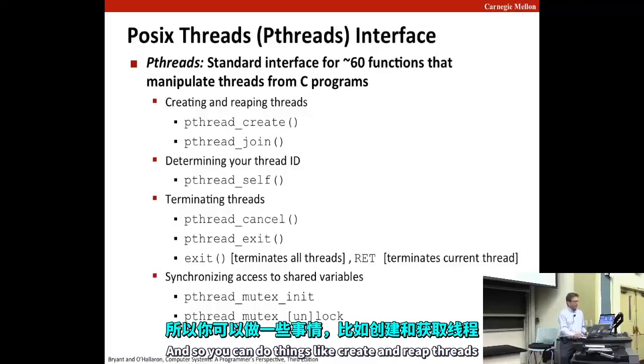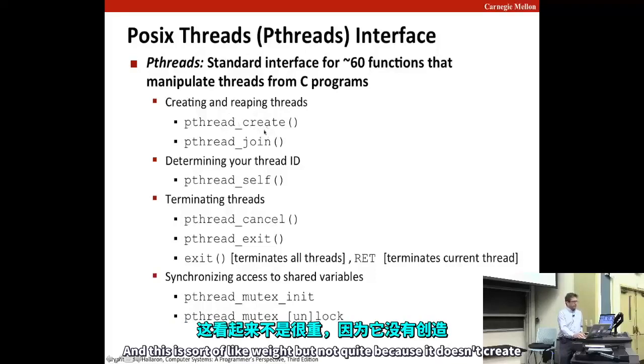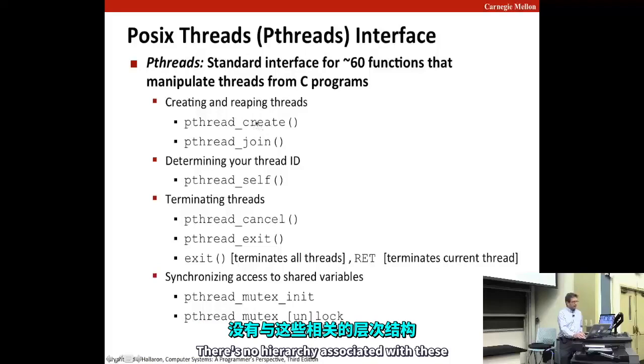And you can do things like create and reap threads. This is sort of like fork, and this is sort of like wait, but not quite, because there's no hierarchy associated with these.